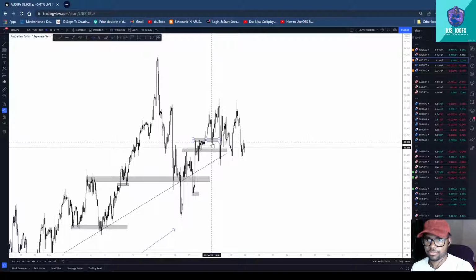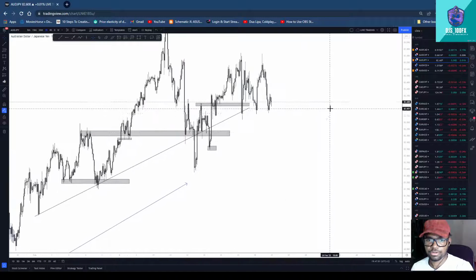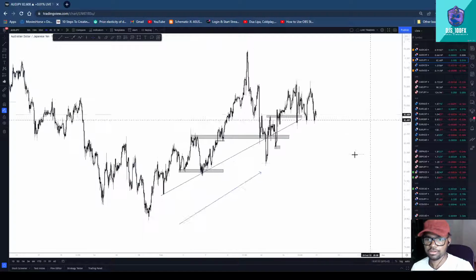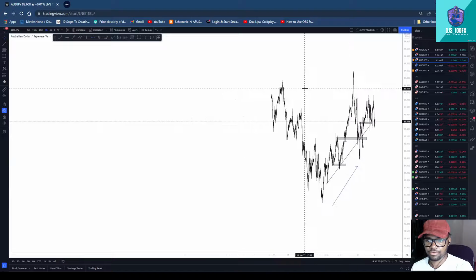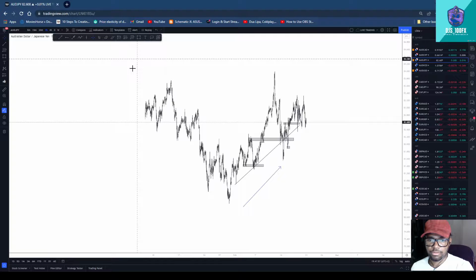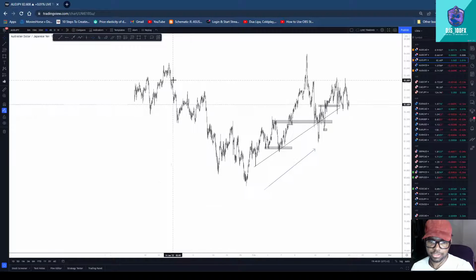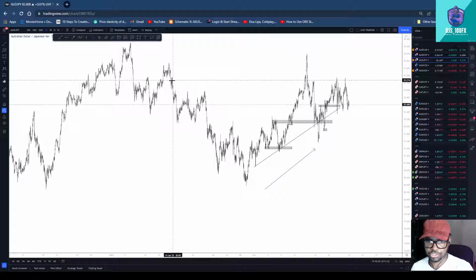On AUDJPY, AUDJPY has been a good pair to trade so far. Price was in a downtrend for some time.